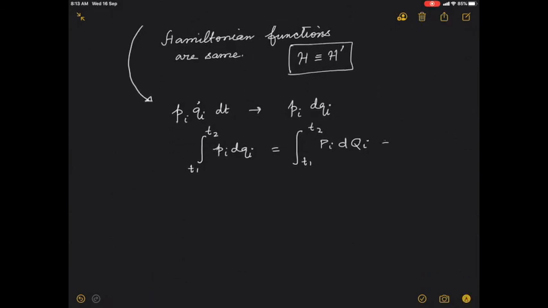But that doesn't require the differential forms to be conserved, because I can always add to it any function.